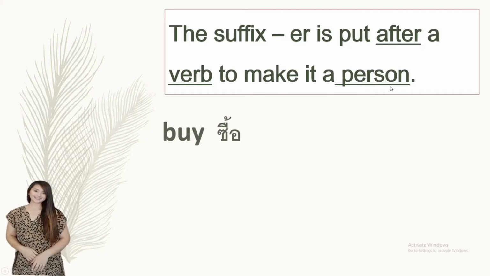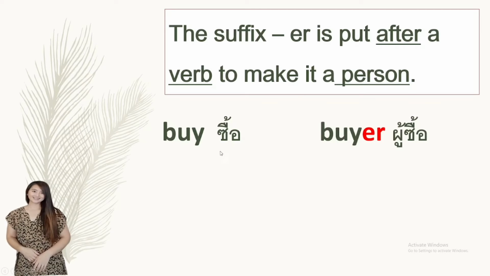For example, we have this one, buy. Buy is a verb. What does it mean? ซื้อ, buy. And we put the suffix ER after the verb to make it a person.